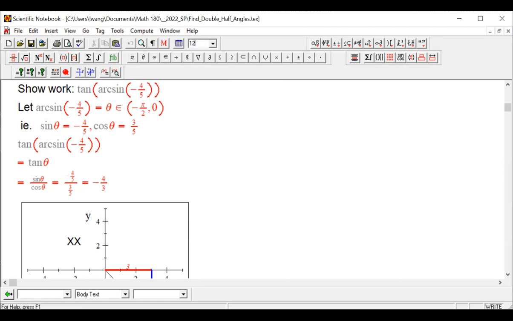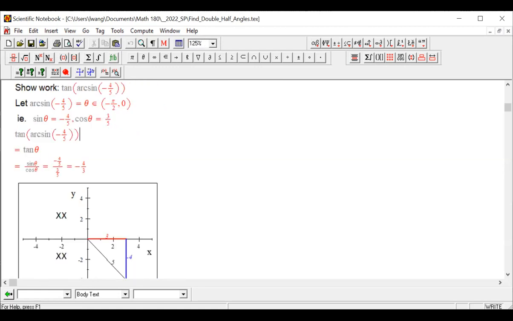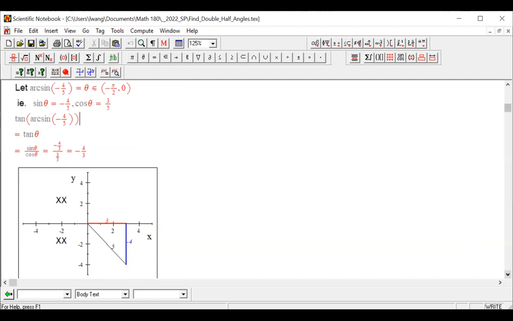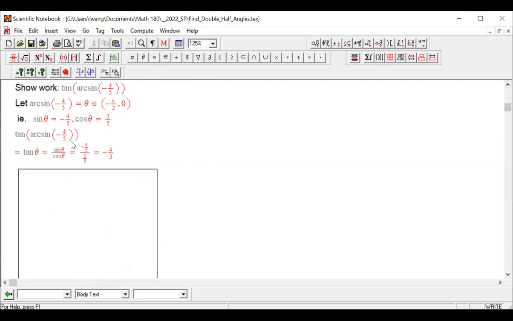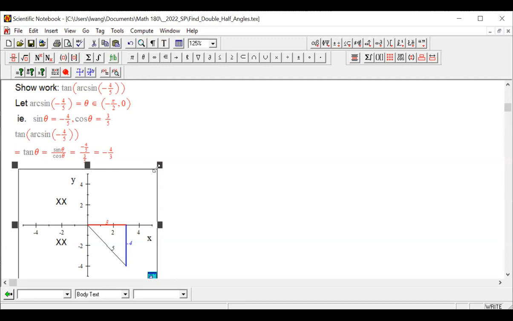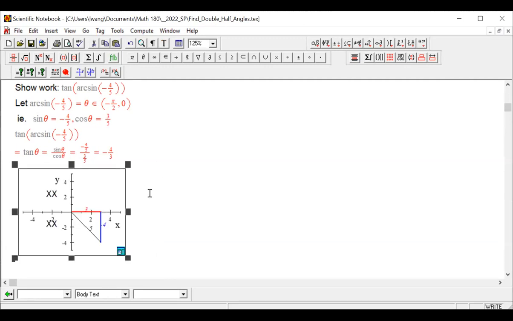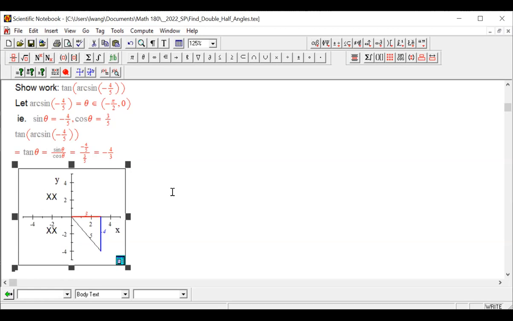Let me make it smaller so you can see the whole of it, right? So for showing work for this particular question, let me make it a little more compact. This is how much work you need to show, okay? Having a proper picture really shows the reader how well you understand the question.